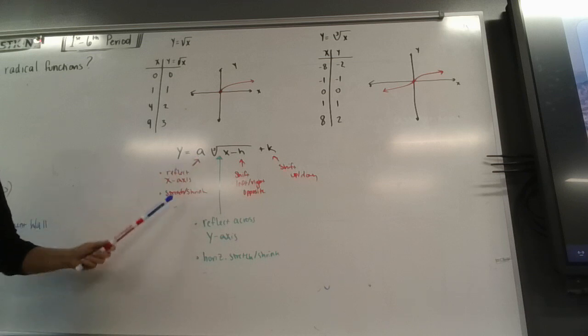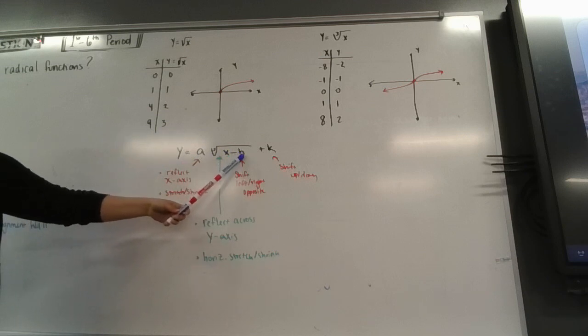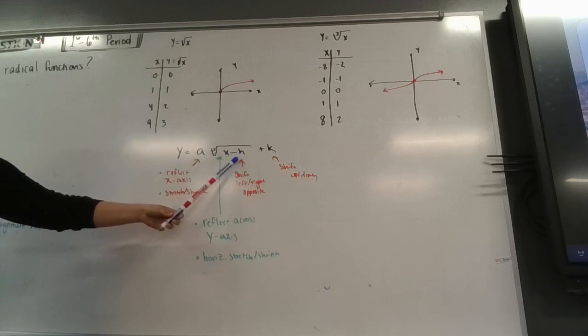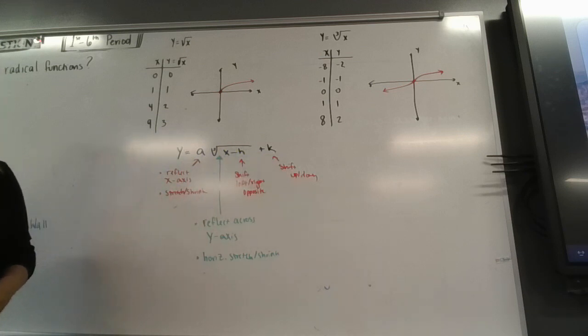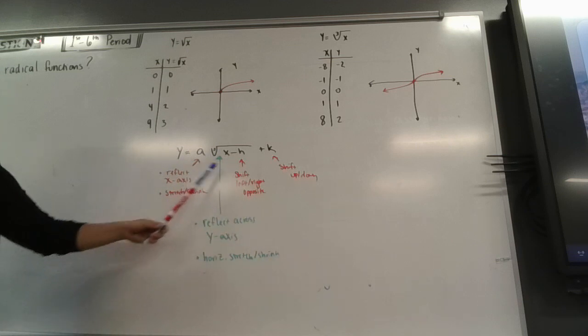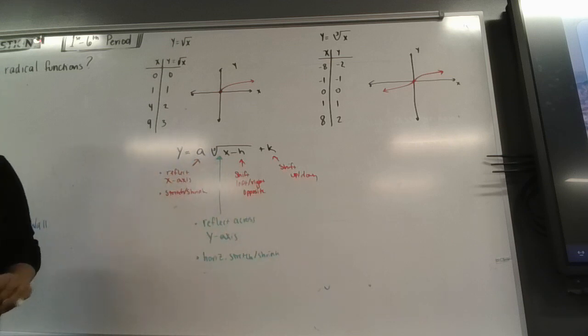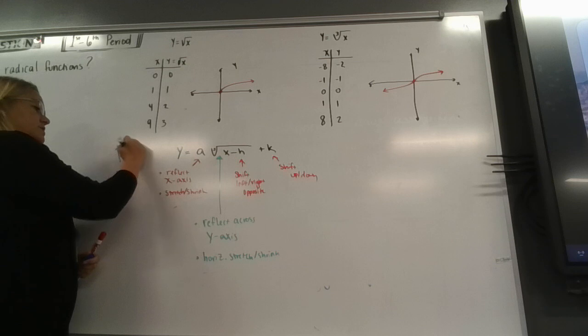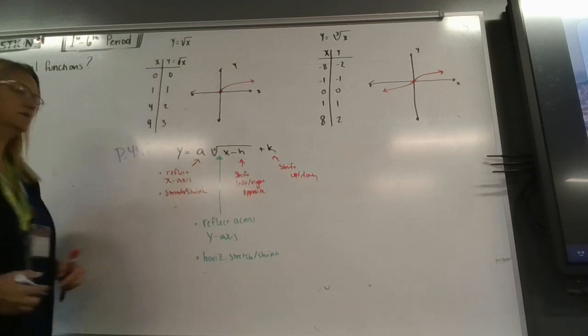Reflecting across the x-axis, stretching and shrinking, shifting left and right, and that number is typically opposite, and shifting up and down. And then this one in green is more complicated: reflecting across y and horizontal stretches and shrinks. So that information is on page 447.